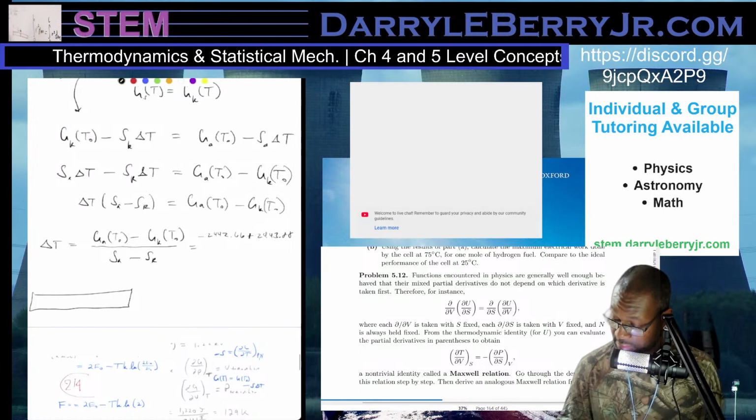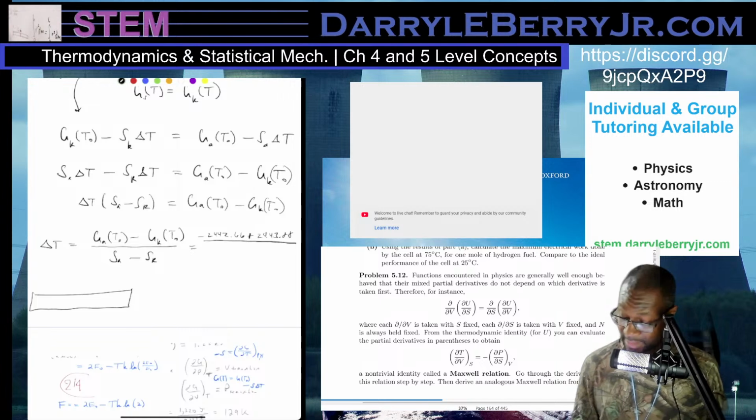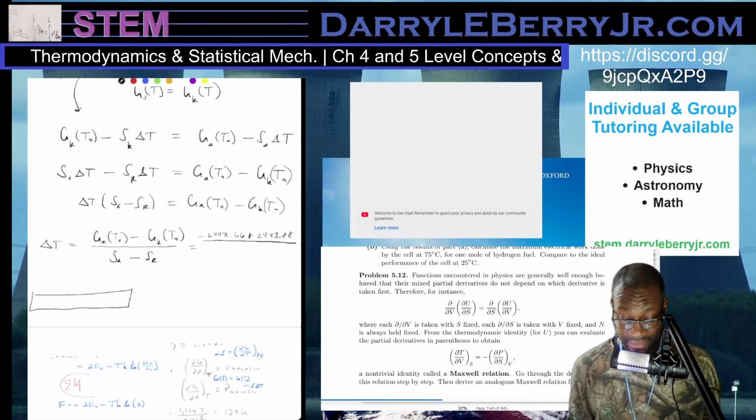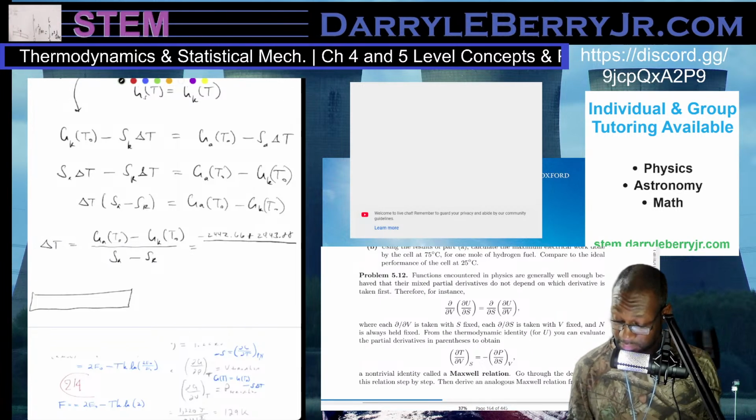Minusing that, so that's plus, divided by S_A from the sheet. I have to remember that this is kilojoules.